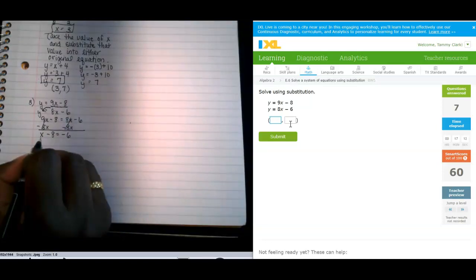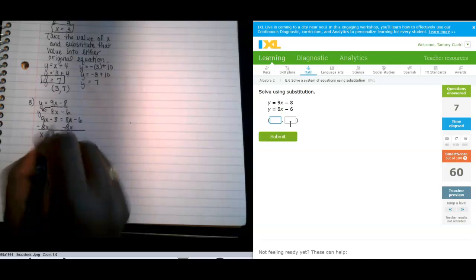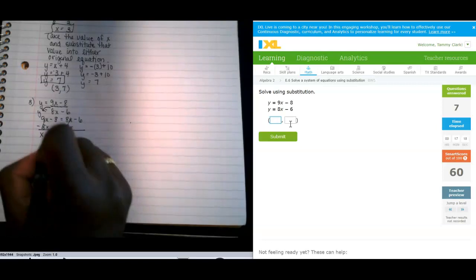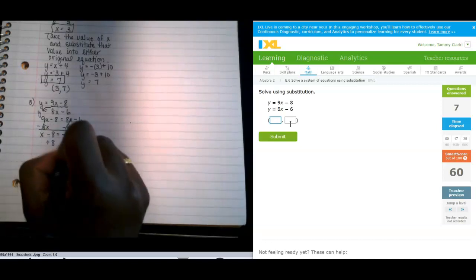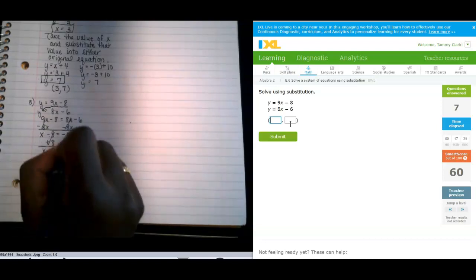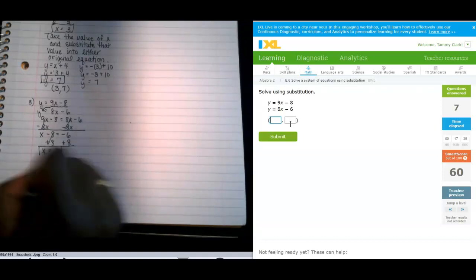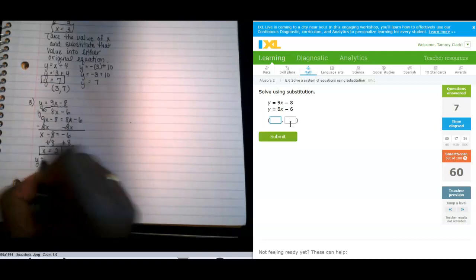I've got one algebraic term, two numeric terms, so I'm going to eliminate the numeric term by adding 8 to both sides of the equation. And I've got x is equal to 2. So I'm going to just use this top equation here.